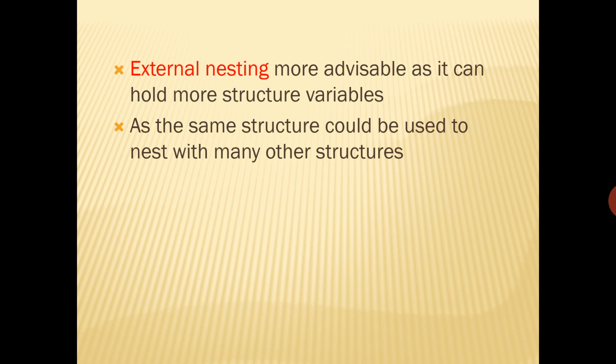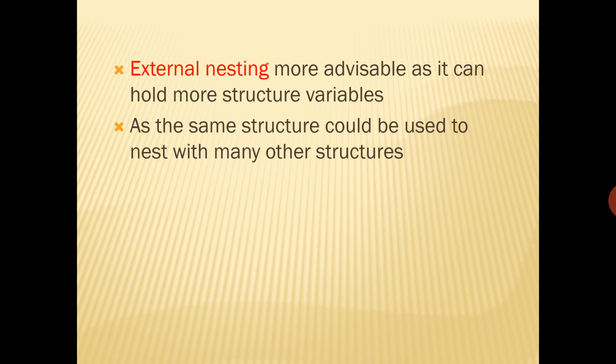So the same structure known as date could be used over here, and the only thing is you have to create another variable known as join dt. So the same structure which is created and kept outside could be used for two different structures, that is for a student structure as well as a teacher structure.